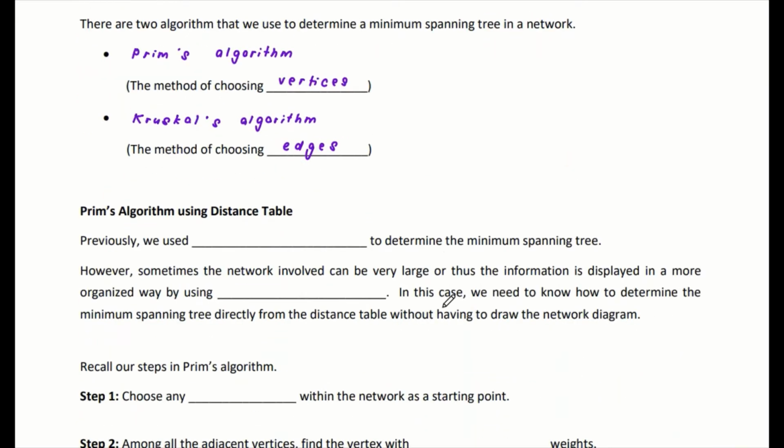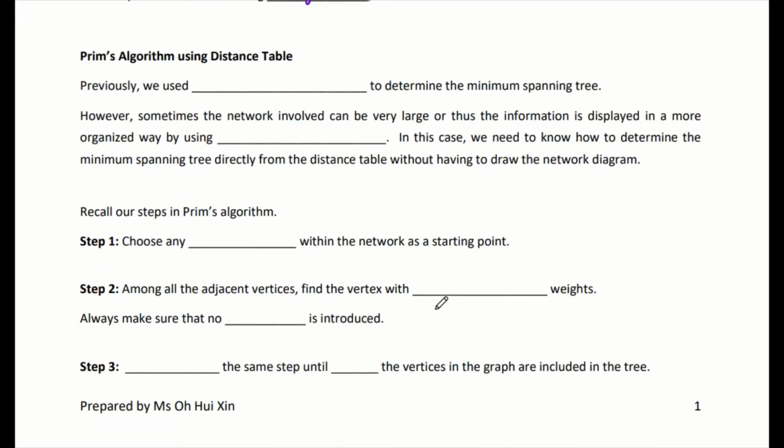We know that previously in our first lesson, when we applied the algorithm, we always applied it on a network diagram. Which means that you are given the graph, so you can look at how all the vertices are connected to each other and also what the weight on the edges is.